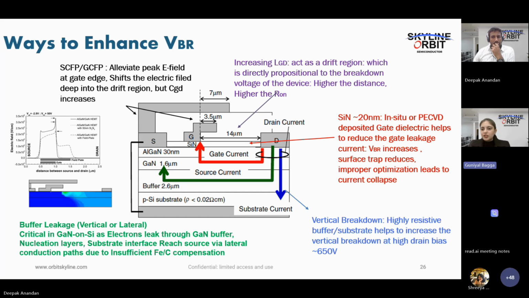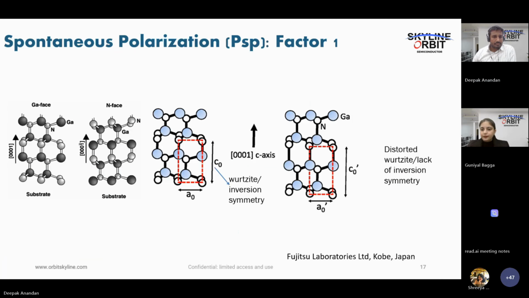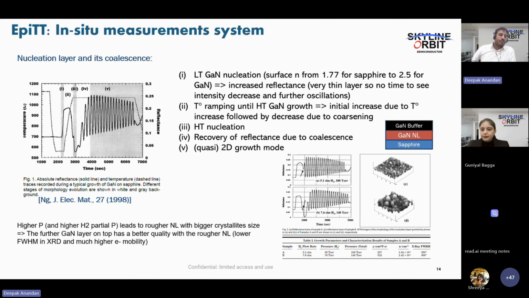So, question number one is, can you explain in situ measurement, more on how the experiment is carried out? Okay.